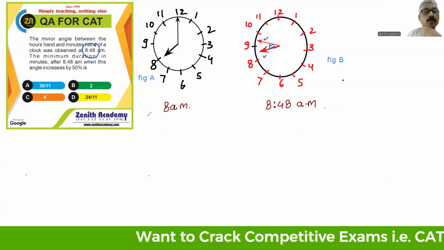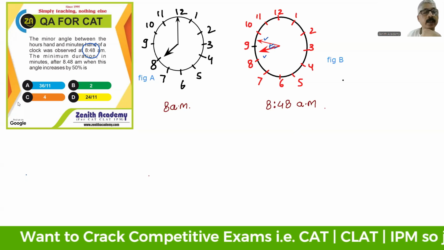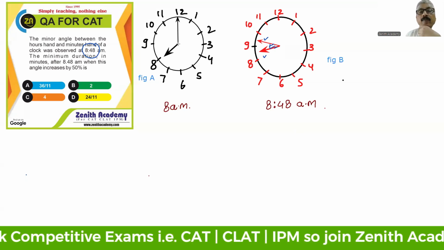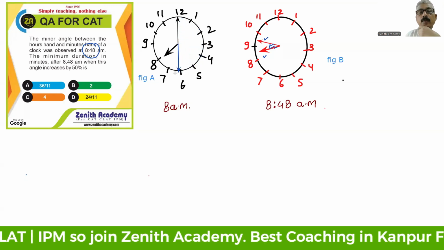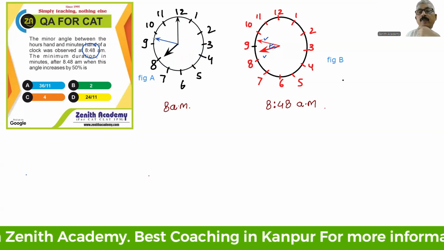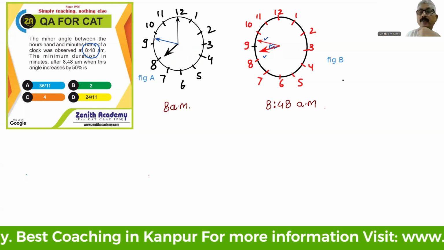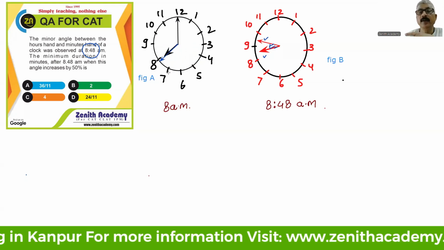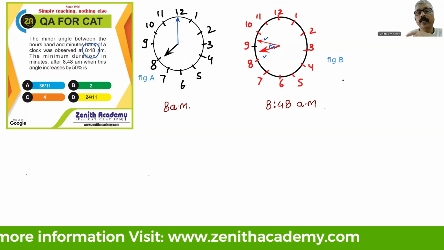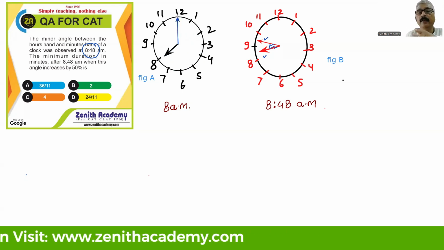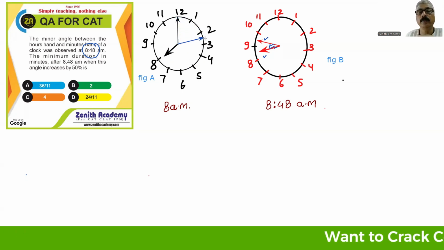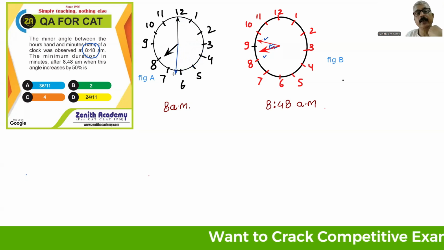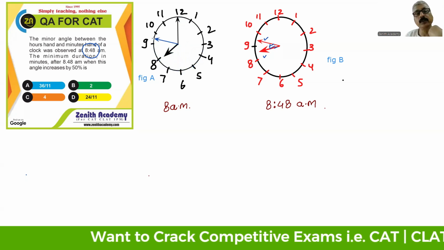Correct? So look here. In this question, when the time was 8, the minute hand moved to this position when the time is 8:48 a.m. From figure B, you can see when the time was 8 and then when the time is 8:48 a.m., the minute hand moves in a clockwise direction to this position.